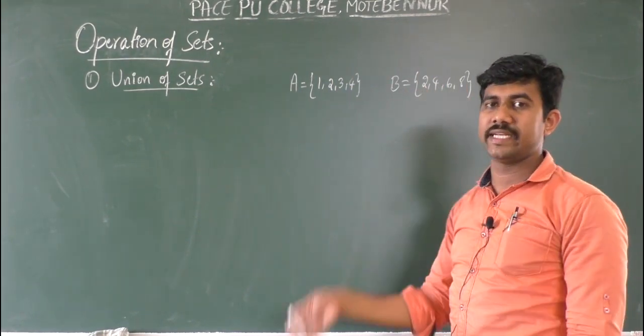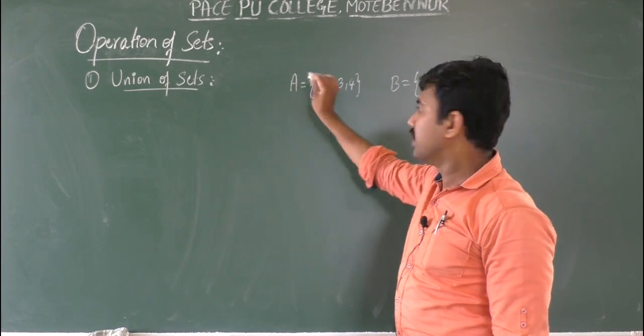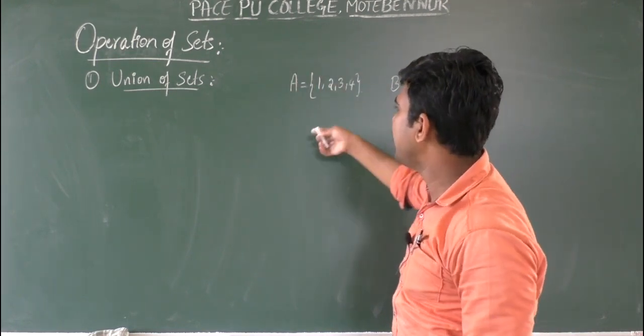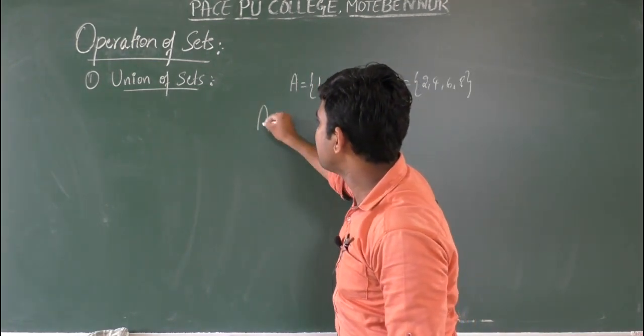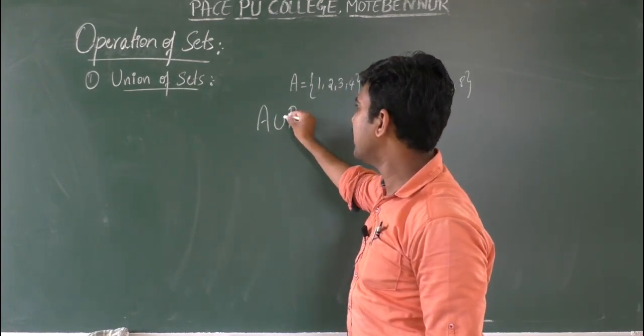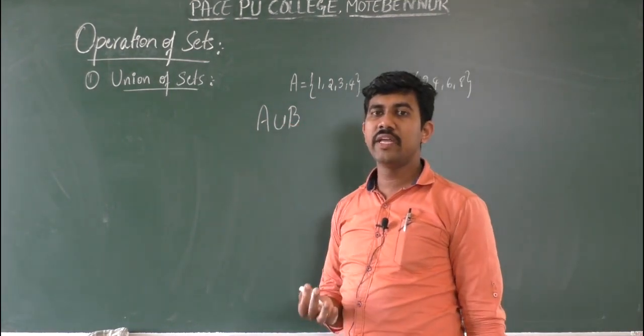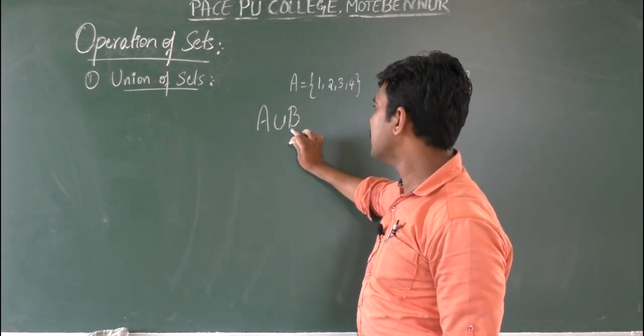4, 6, 8. Now the union of the sets A and B can be denoted by the symbol, capital letter U. Capital letter U gives union of A and B. So A union B is the notation.